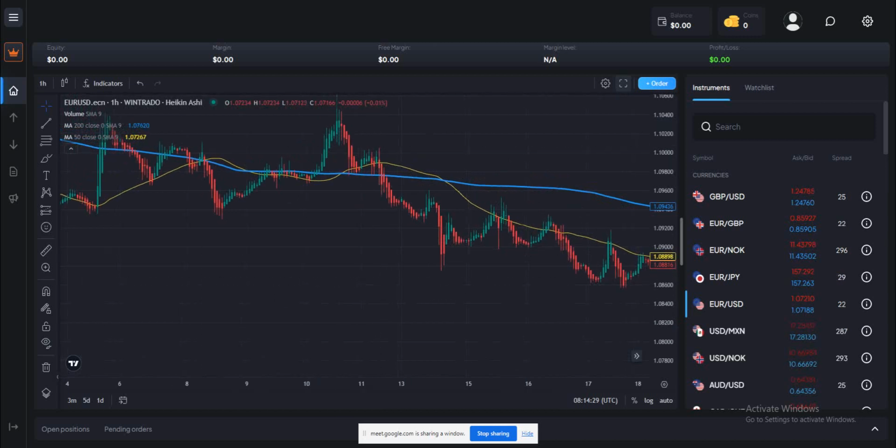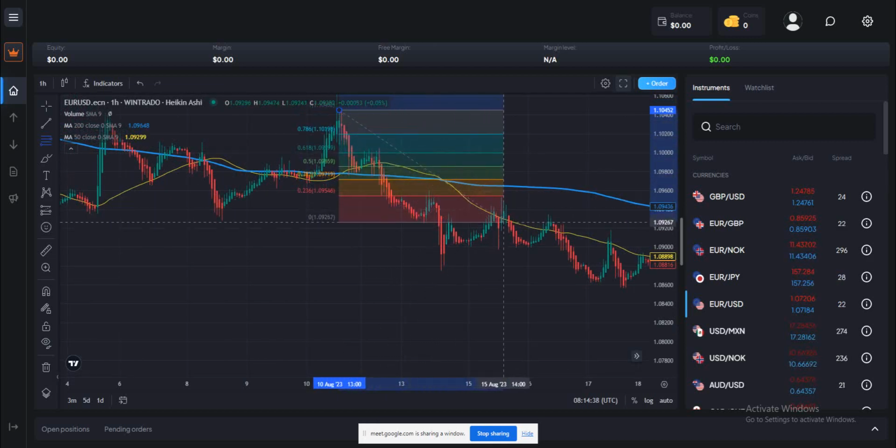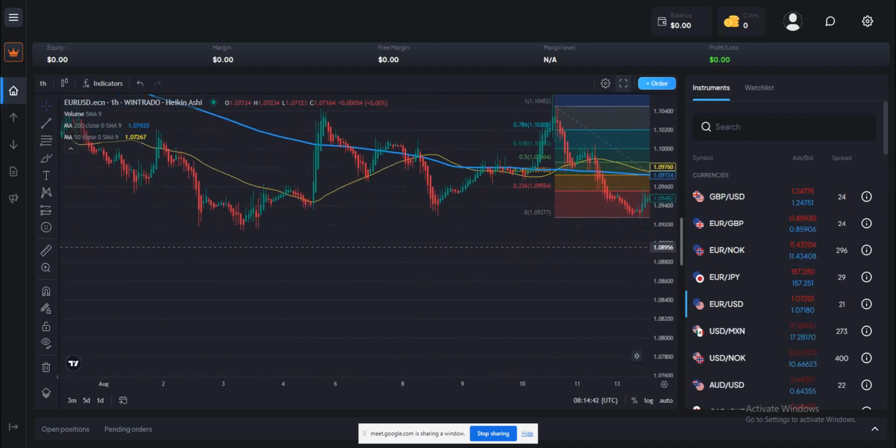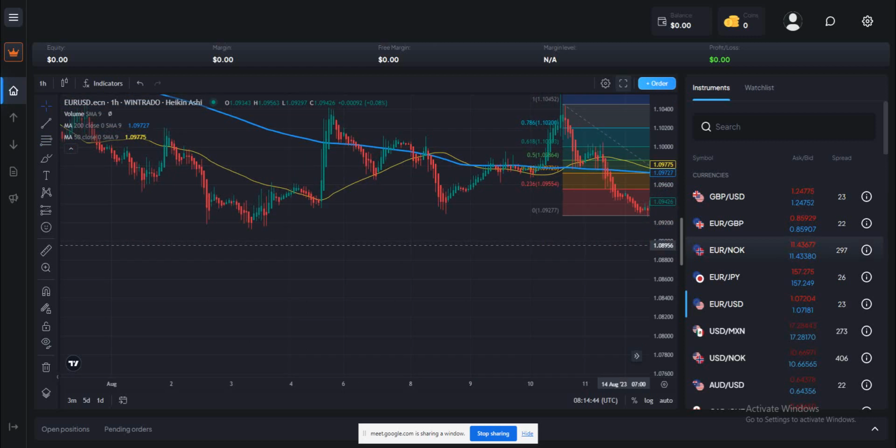So what you can do, you can come here, take your Fibonacci retracement, and plot it from here up to the point that you knew the price was. So let's say that you saw only this one here. You just basically took the highest price to the lowest price that you have identified until now, and now you're waiting to see at which retracement level you can pretty much sell.